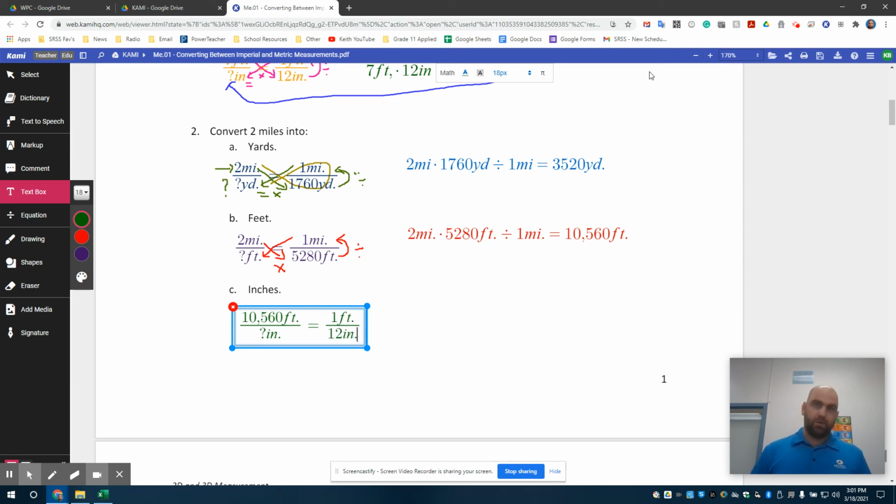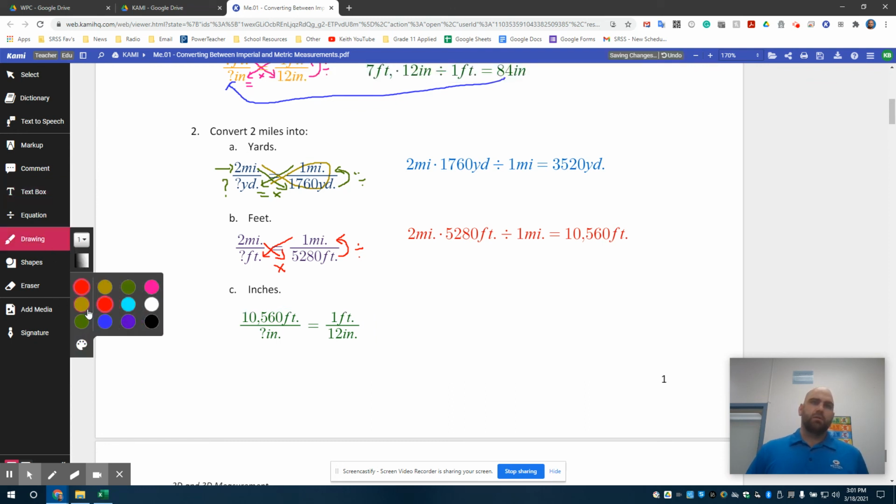Cross multiply and divide. Again, we multiply across, because we're starting here, then we divide by 1. All that's doing right now is changing feet inches into just inches, and then it's going to equal our number of inches here.